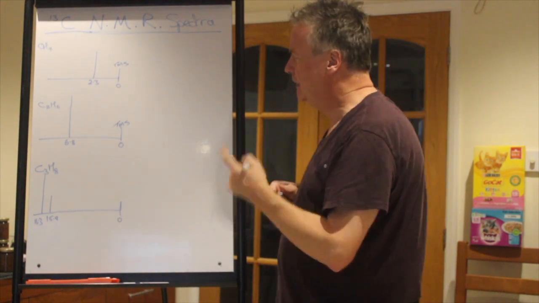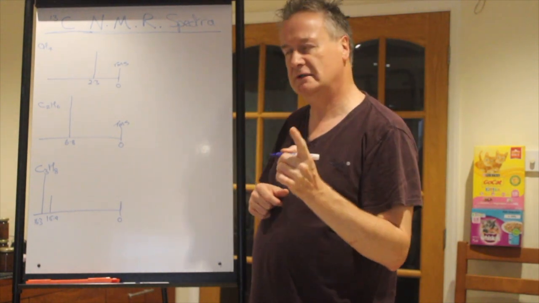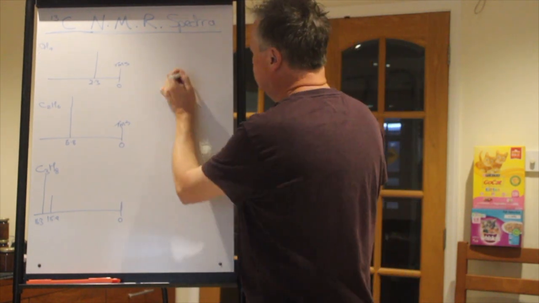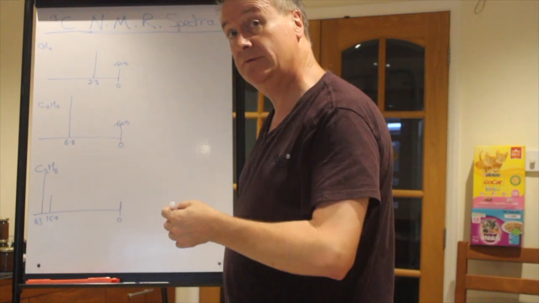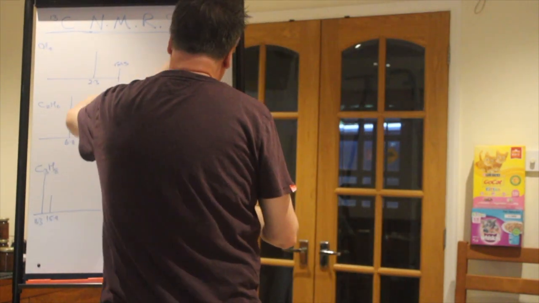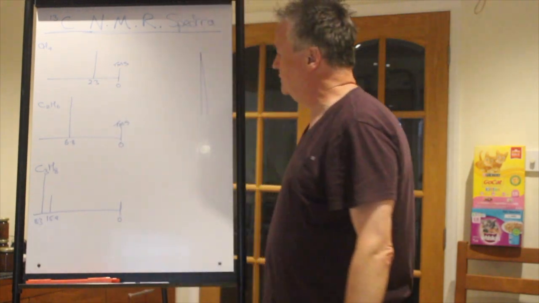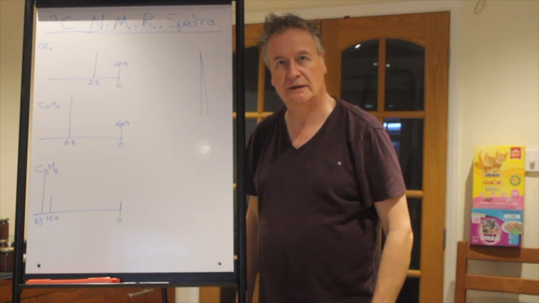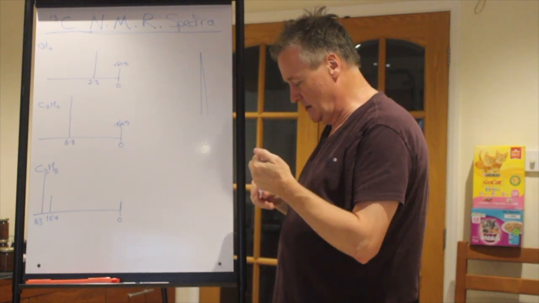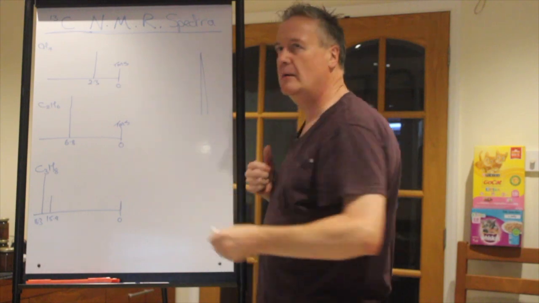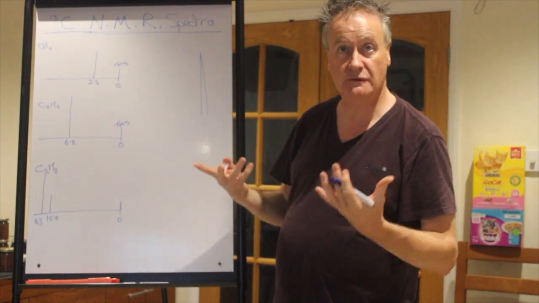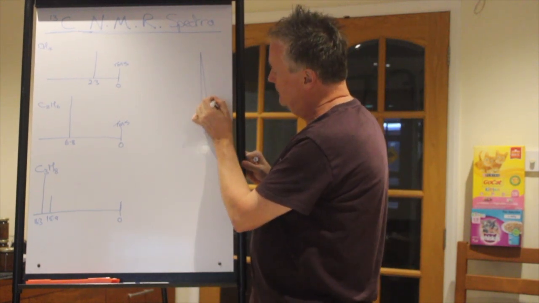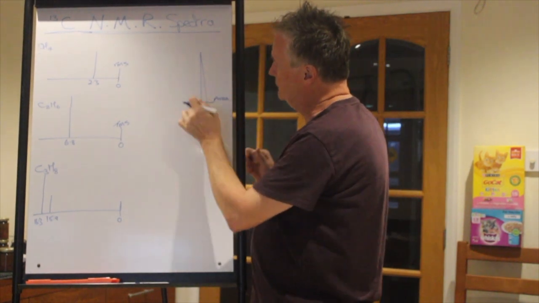Little thing about the peaks: they are not straight lines. When you look very closely at an NMR spectrum, and it's quite hard to draw on the board, they actually look like that. They are very sharply pointed triangular peaks. The way that you determine how many carbons it represents is the computer that deals with the results and produces the printout analyses the area of that triangle.